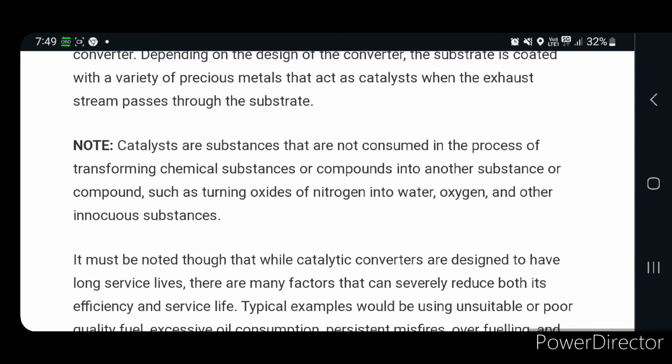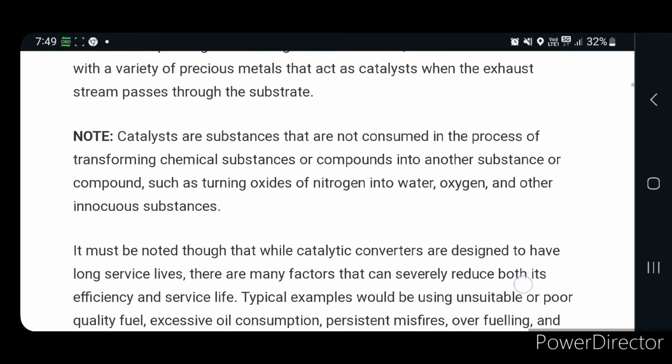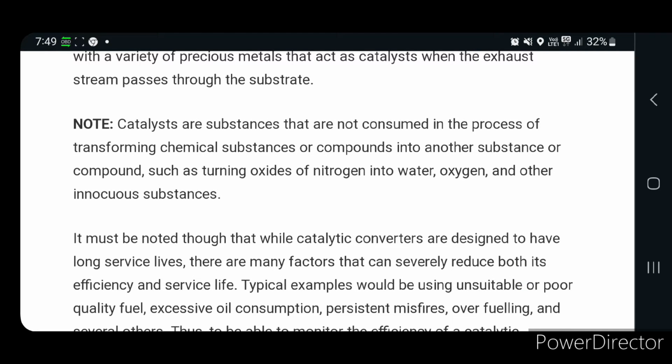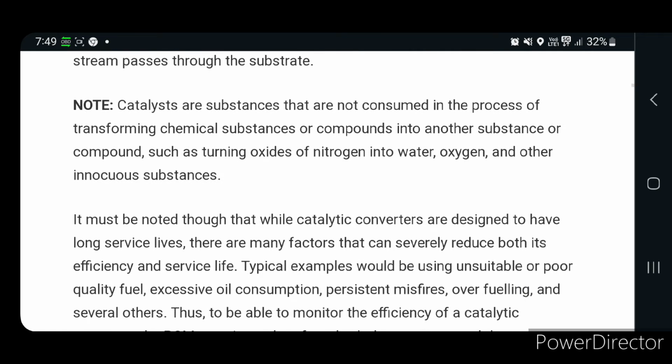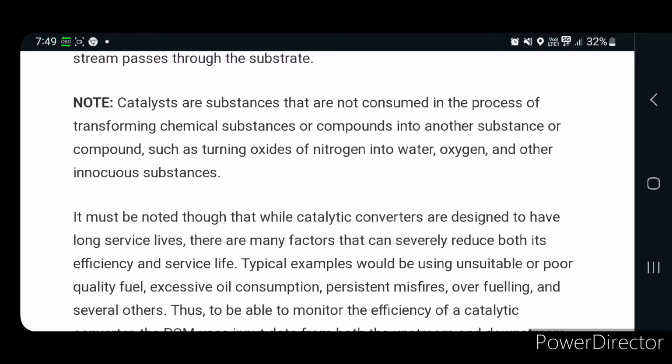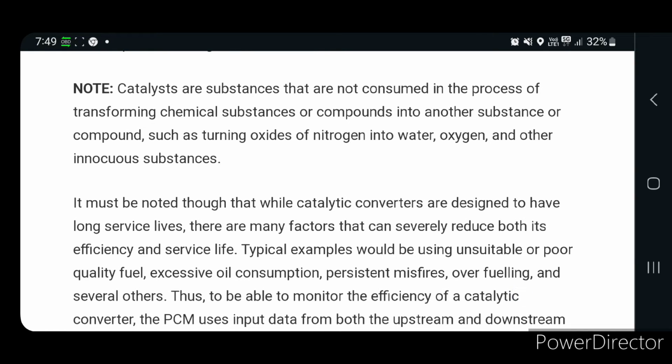It must be noted that while catalytic converters are designed to have long service lives, there are many factors that can severely reduce both their efficiency and service life. Typical examples are using unsuitable or poor quality fuel, excessive oil consumption, persistent misfire, overfueling, and several others.